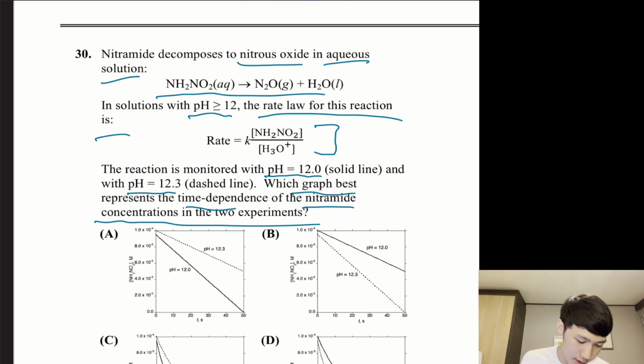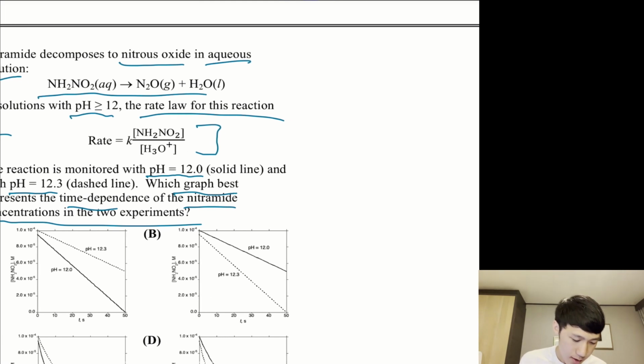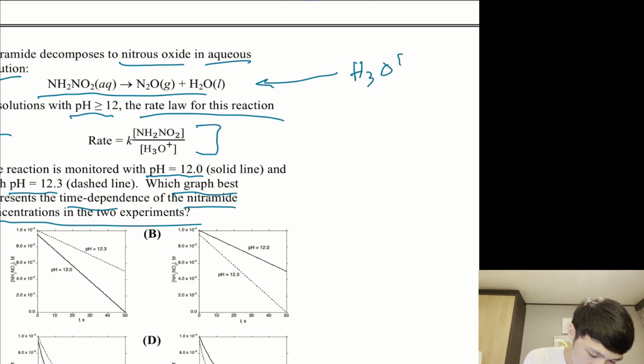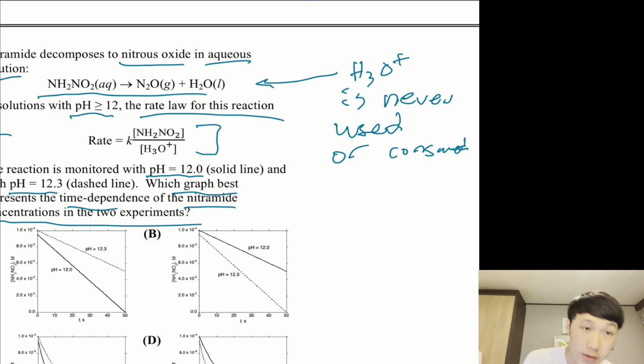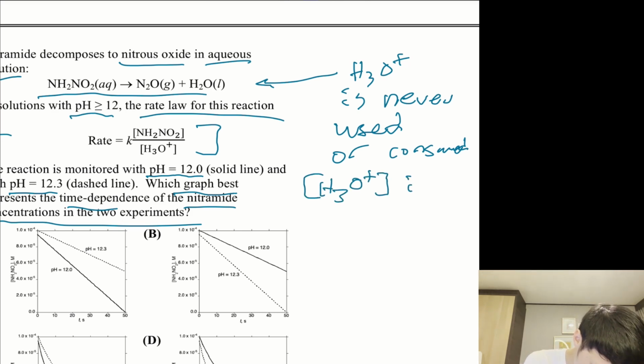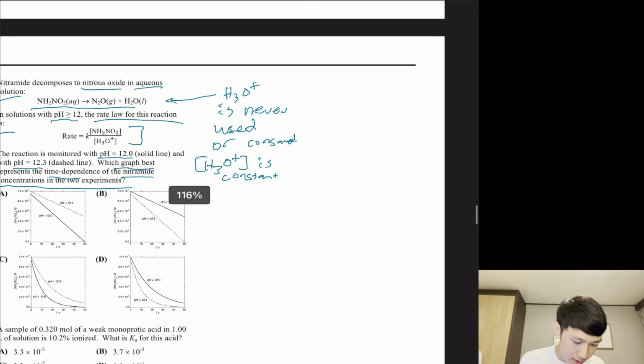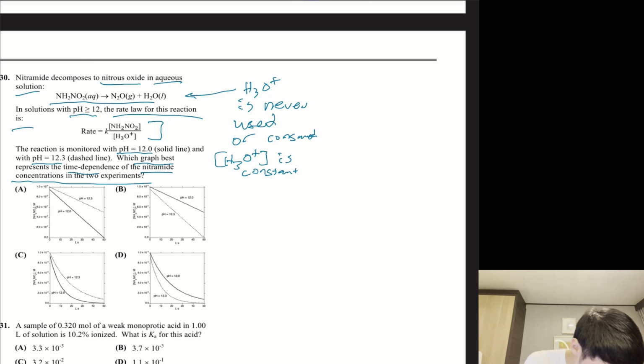So let's first think about what's going on here. As we can see up here in this reaction, H3O plus is never used or consumed. So what we can say is the concentration of H3O plus is constant, right? So now we have our rate law here, where rate equals K times this nitramide concentration divided by H3O plus.